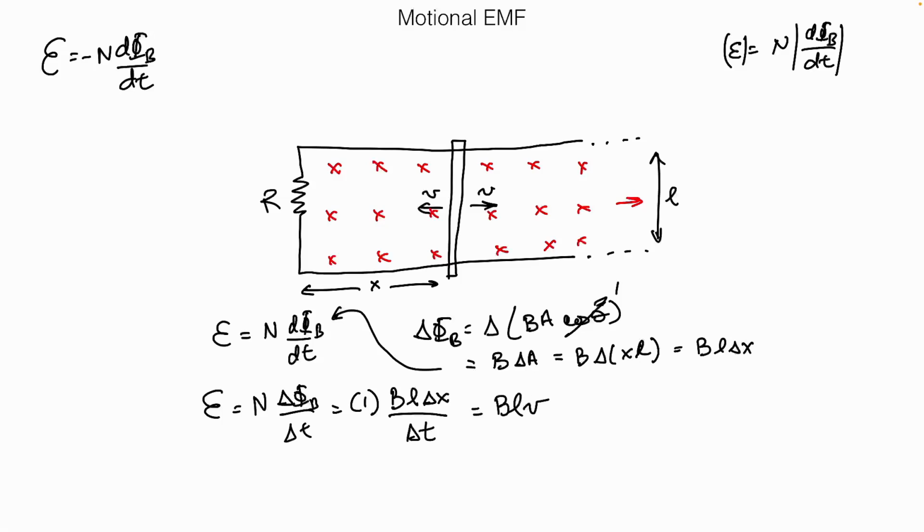What have we just discovered? We've discovered the voltage that will be induced in this circuit along these wires and through that resistor if we move that rod along at a speed v. So if that resistor were, say, a light bulb, and I grabbed this rod and I jerked it sideways, what would happen to the light bulb?